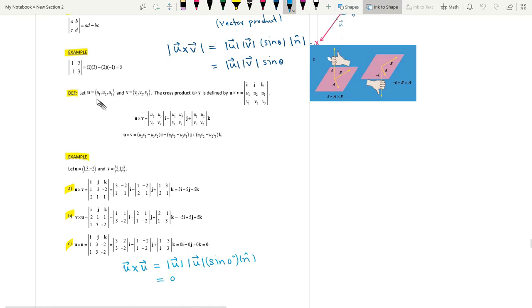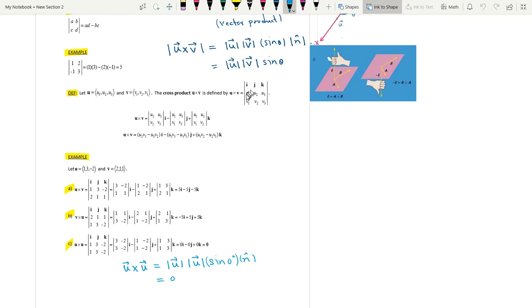Now if you have two vectors u and v, then the cross product is also defined using the determinant sign, and it is defined in this way. Now to evaluate its value, first consider i and ignore this column and this row. So the remaining component is u2 u3 v2 v3. Now consider j and ignore this column and this row.